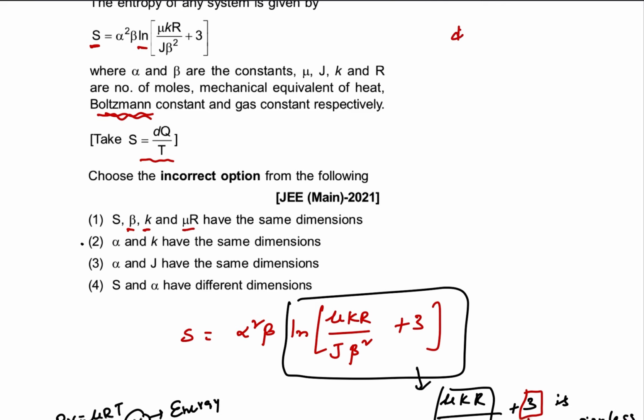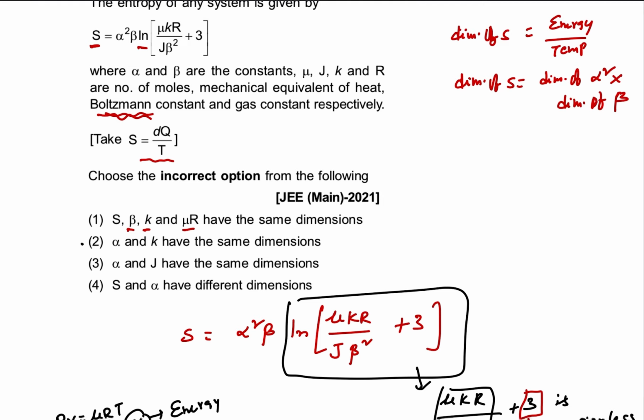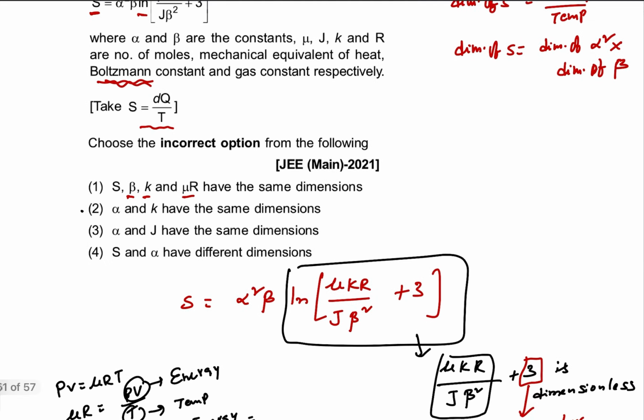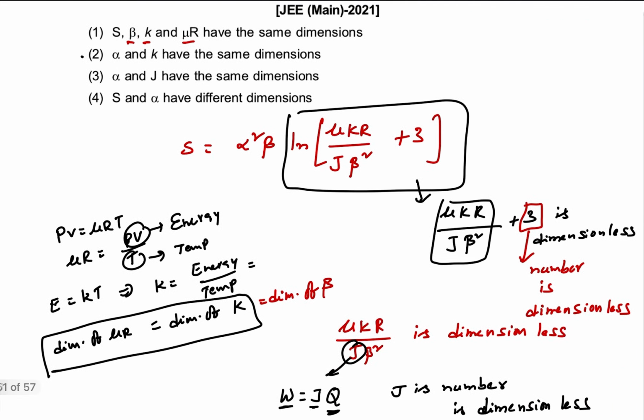Now S we are going to check now. Okay, how to check S value? I am writing here. Dimension of S is energy by temperature. Okay, you can say that dimension of S is equal to dimension of alpha square into dimension of beta.